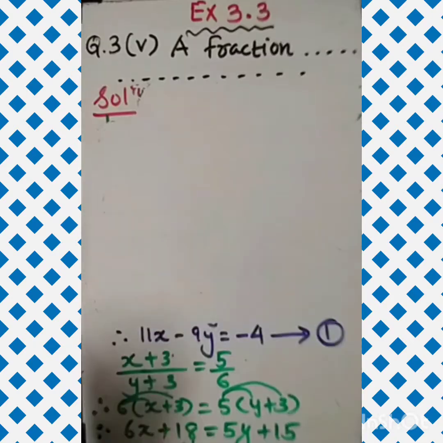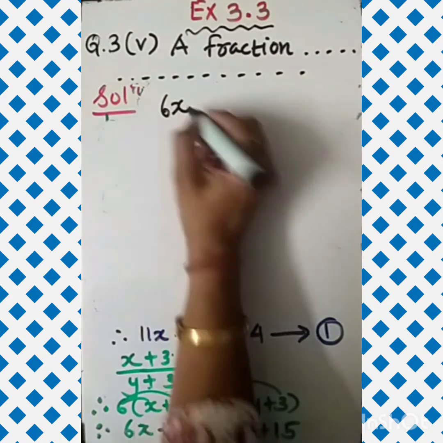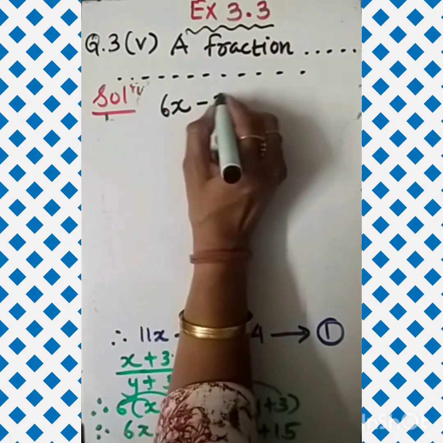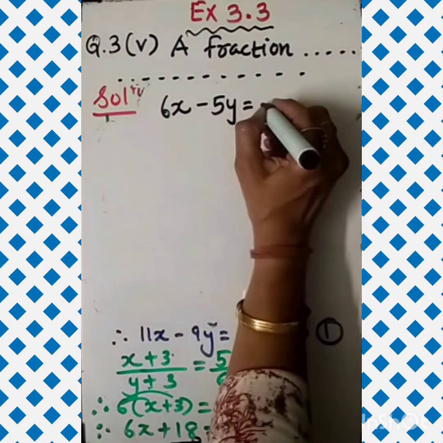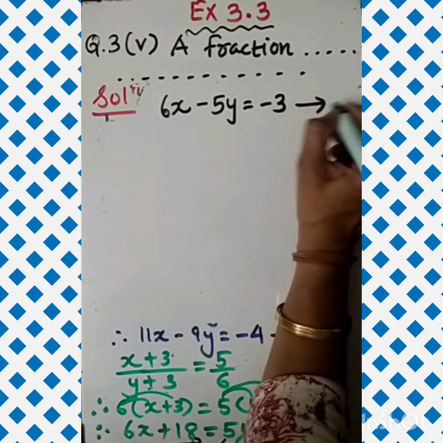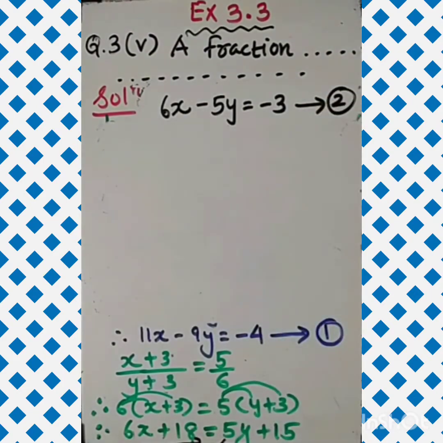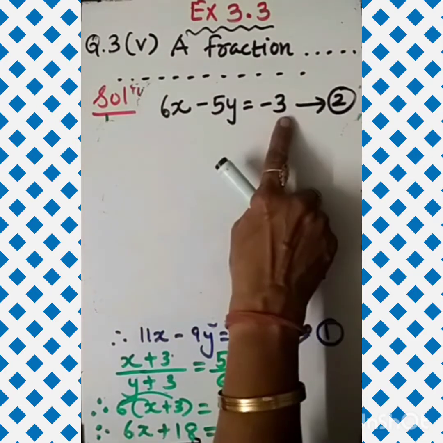After bringing this 5y, I am transposing this 5y to the left side and this plus 18 to the right side. So the equation will be 6x minus 5y equal to, of course, 15 minus 18, which gives the result minus 3. Let me call this equation number 2. 15 minus 18, so the answer will be negative.